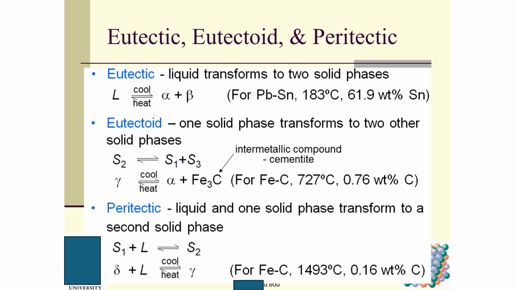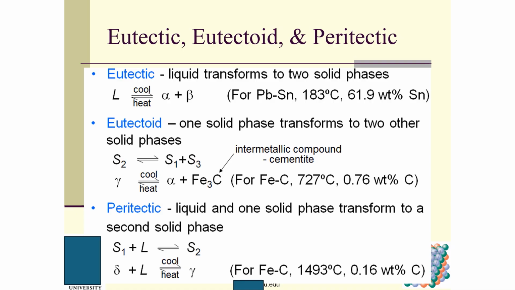And the new reaction is called eutectoid. Okay, eutectoid is different. How different is it? One solid phase transforms to two other solid phases. For example, S2 equals S1 plus S3. So this is cooling and this is heating. Here, for example, this is a gamma phase.